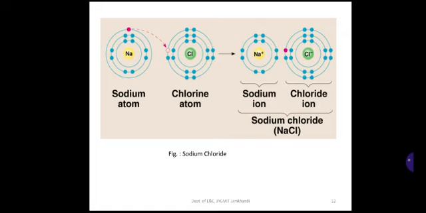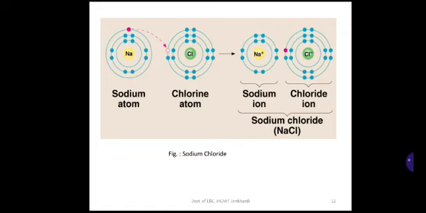All electrons are tightly bound to atoms. Once the electron exchanges have been made between the Na and Cl atoms to form the Na plus and Cl minus ions, the outer orbits of all the atoms are completely filled. You can observe in the figure, outer orbits are completely filled.